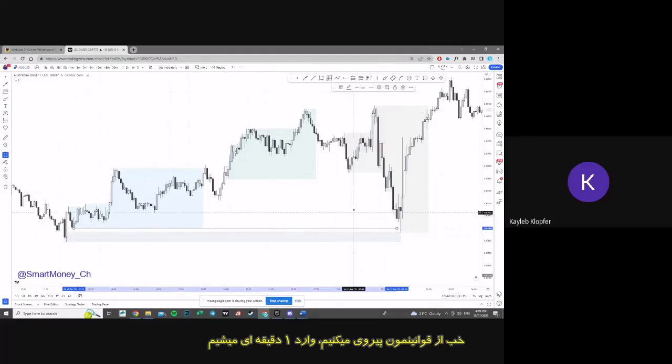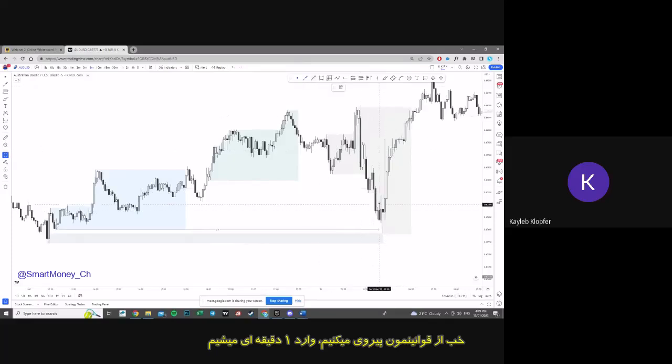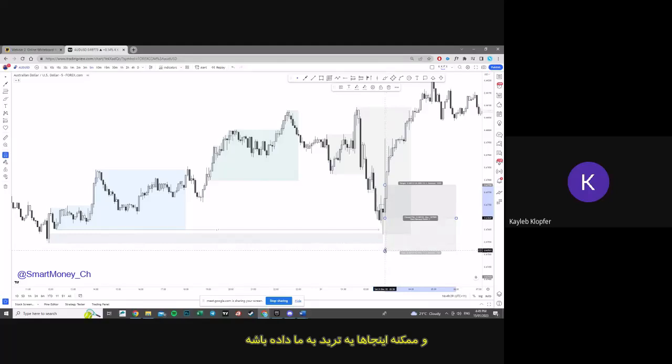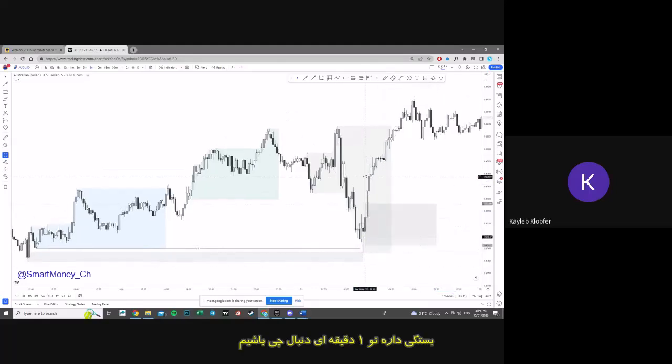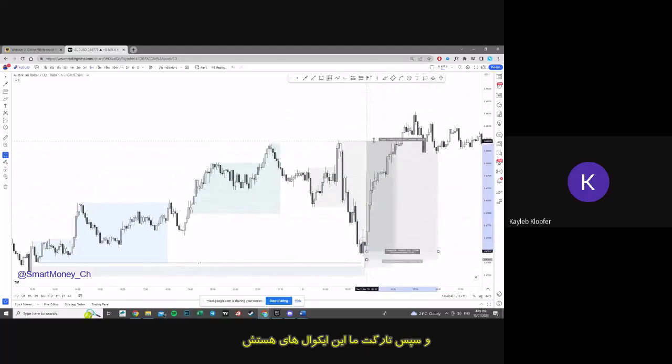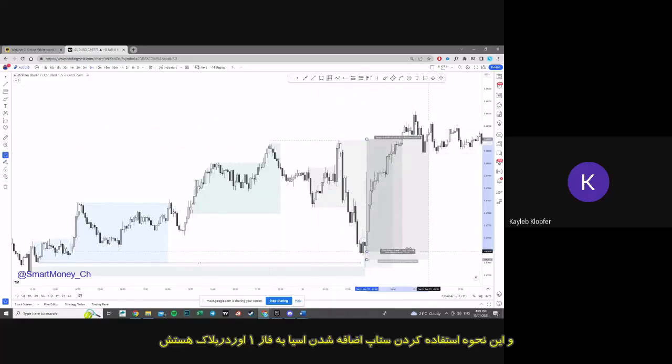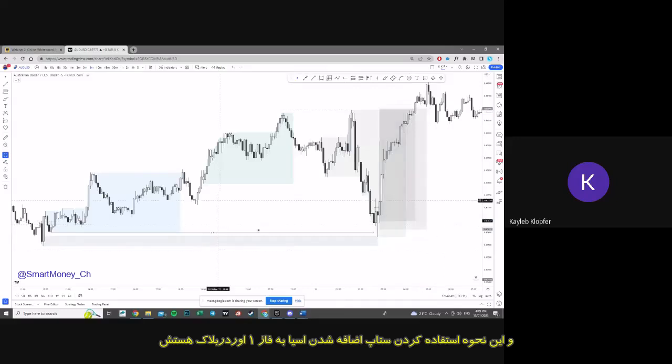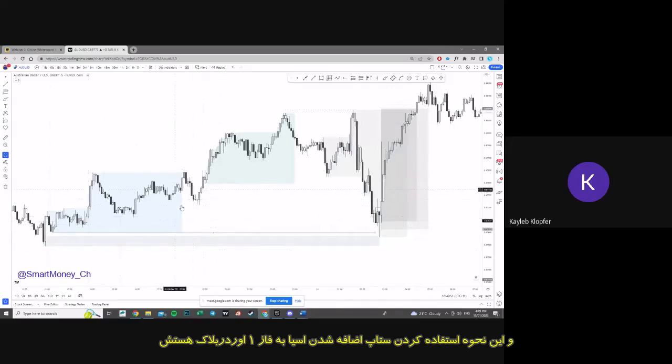Once we follow our rules and go into the 1 minute, we have an internal break here, and maybe we could get a trade somewhere in here, depending on how we look in the 1 minute, and we can target these relative equal highs that were created. And that's how we utilize it for when Asia adds to the phase one of an order block.